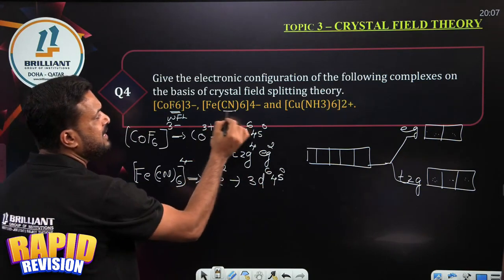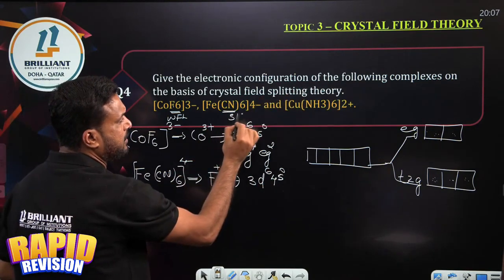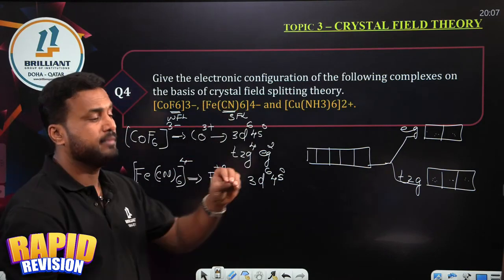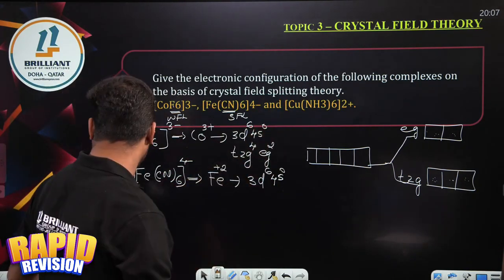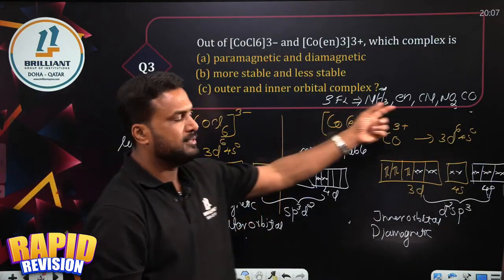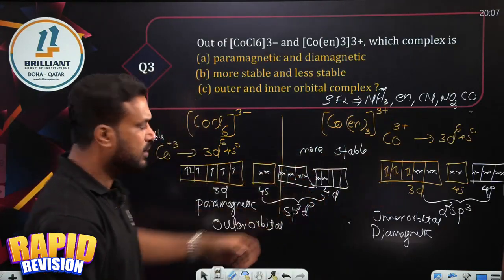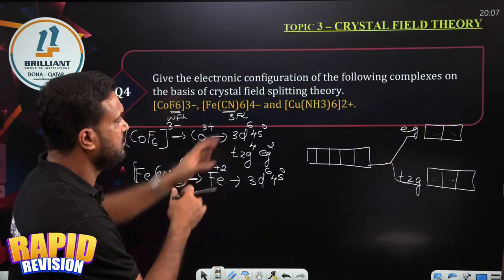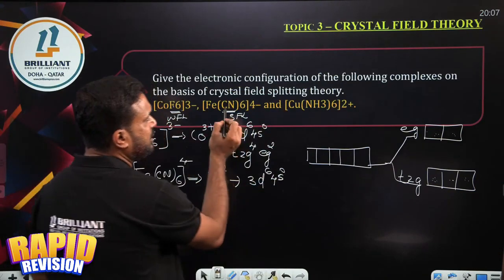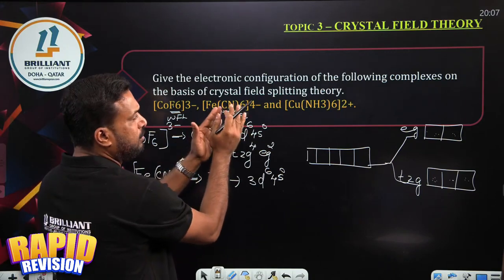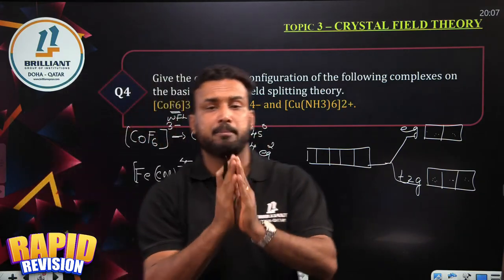But keep in mind, CN is in the list I gave. CN is an SFL, a strong field ligand. You keep that in mind, I gave it in the previous case. It's an important thing, you note it down. We don't have time again to learn all these things. Being a strong field ligand, it causes pairing up of electrons.